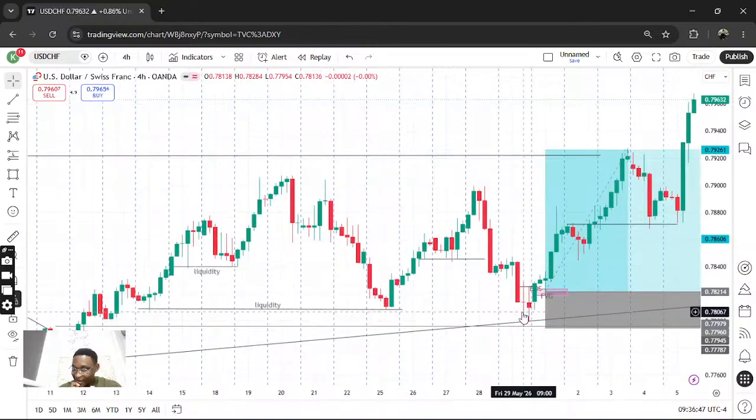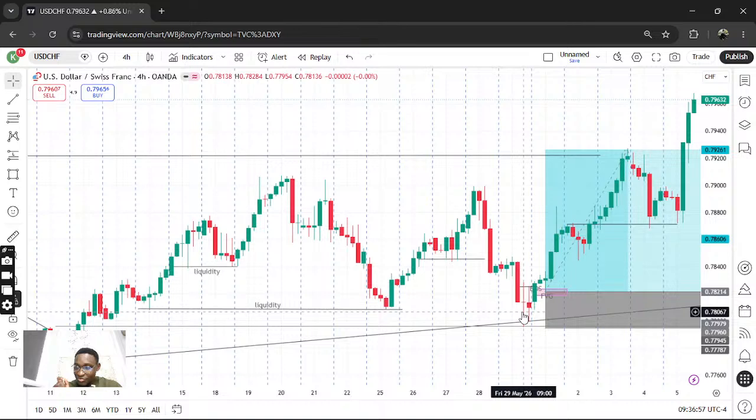And then between 7 o'clock New York session and 10:30 New York session, also be careful how you react to candles forming at this particular point. And then the New York afternoon.